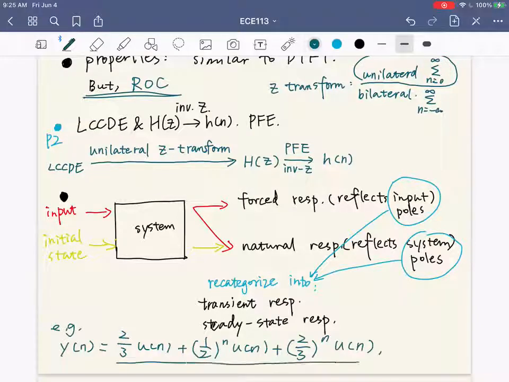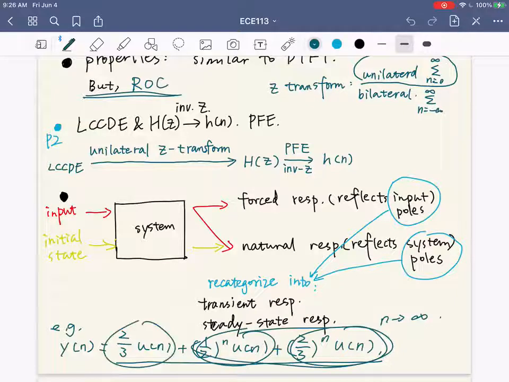So the expression is the same. The difference is how we categorize all these terms. Okay? So the transient terms are those which decay to zero as n increases. Okay, and if we observe this sequence, you'll see that when n goes to infinity, this will go to zero, this will go to zero as well. So these two are transient responses, and this is a steady response.